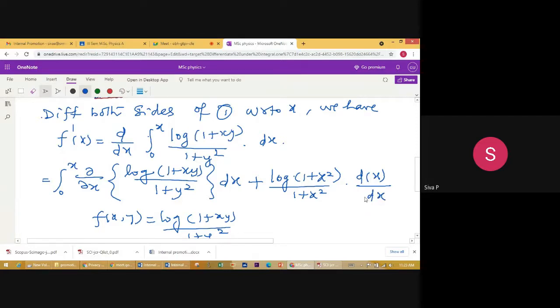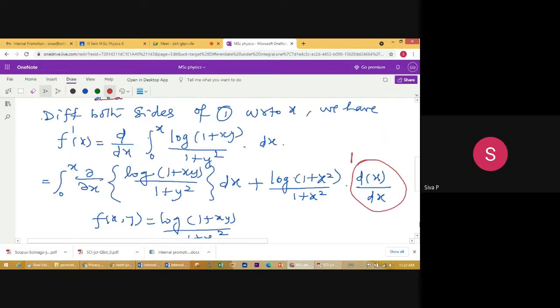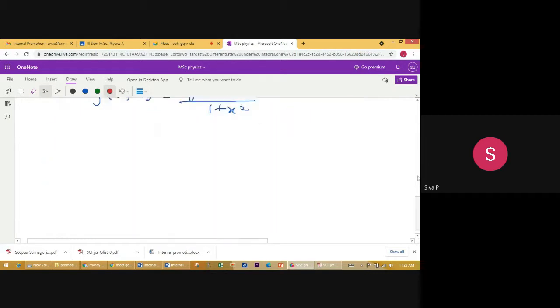Because here, for the dv by dx, we have to write d of x by dx. d of x by dx is 1. So 1 plus the remaining things we have to write in the next step.